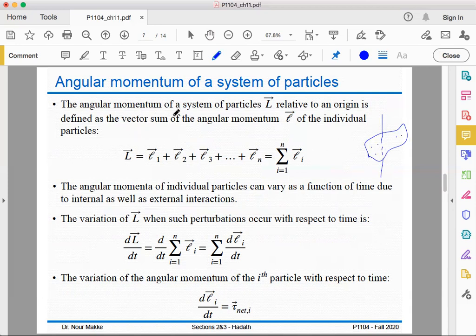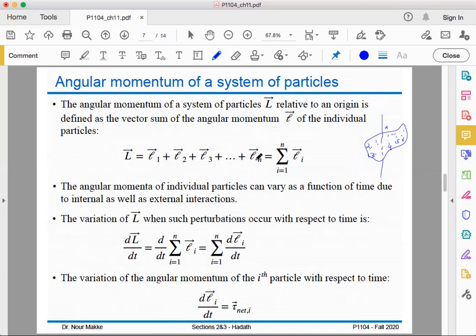And so the angular momentum for this body, for this system of particles, which we call capital L, relative to an origin, is defined as the vector sum of the angular momentum L of the individual particles. And we can take particle 1, particle 2, particle 3, particle 4, 5, 6, etc. up to a given number n of particles. فإذا هي عبارة عن L1 plus L2 plus L3 etc. plus Ln.